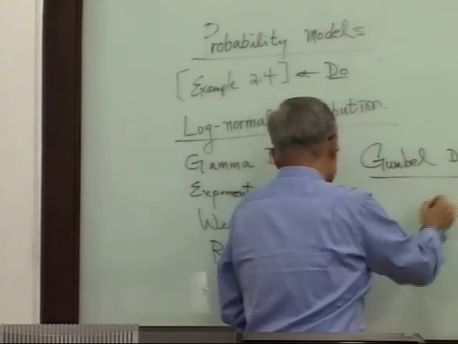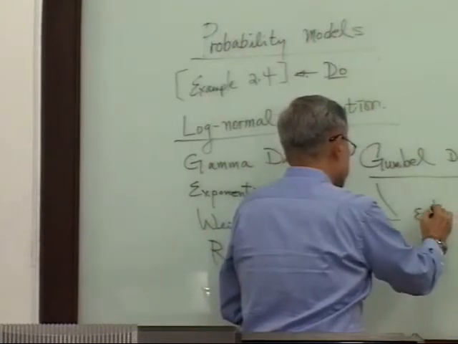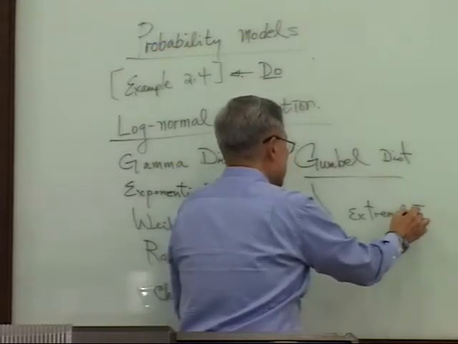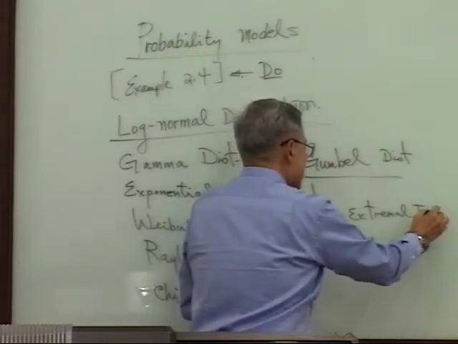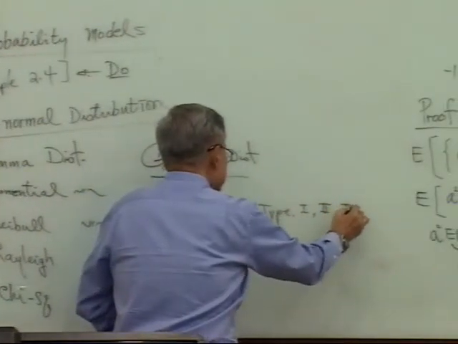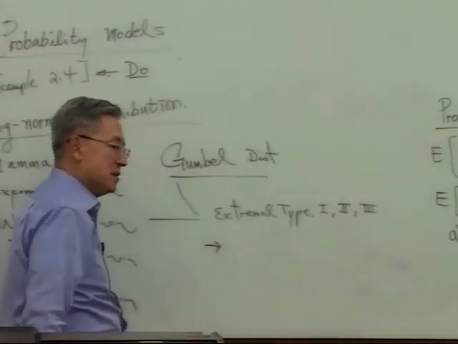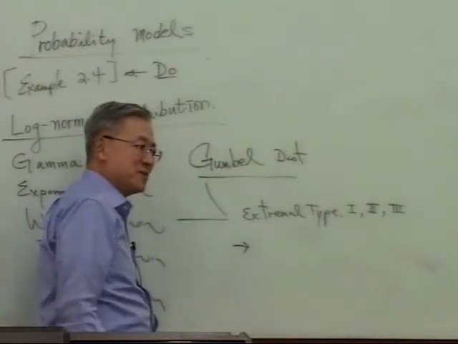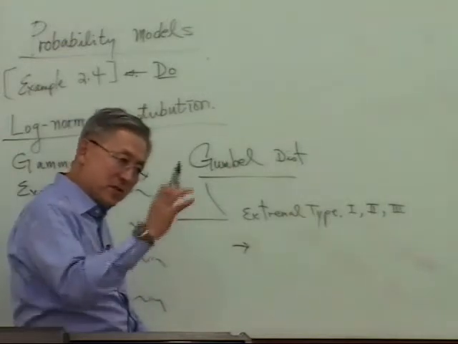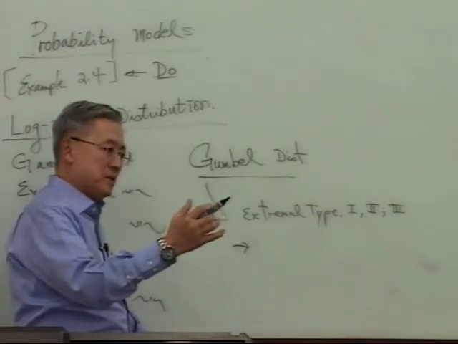These all belong to the so-called extremal type: type 1, type 2, type 3. If you're going to make another model, you can make your own. I'm not kidding you, you can make it. It has all the skewness in there. They look very similar, but the question is which one would fit better.